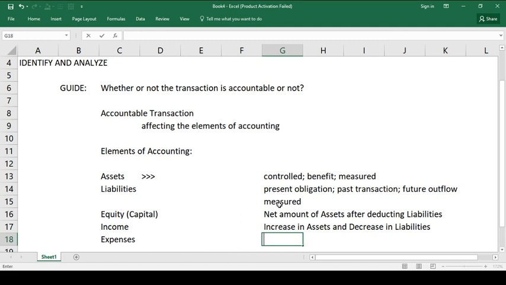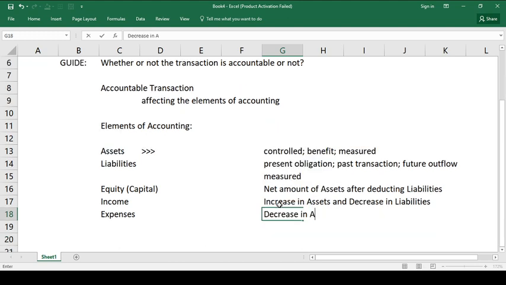If we say expenses naman, this is the opposite of income. That is a decrease in assets, and or an increase in liabilities. Okay? Decrease in asset. For example, the total assets that you have happen to be 100,000, and then later on 20,000 of the 100,000 was already used, nagamit na po natin.